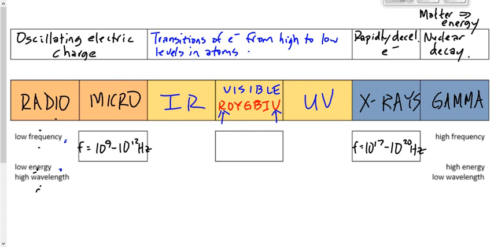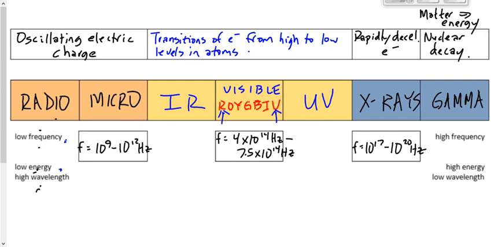And finally, visible light has a frequency range of 4 times 10 to the 14 hertz to 7.5 times 10 to the 14 hertz.